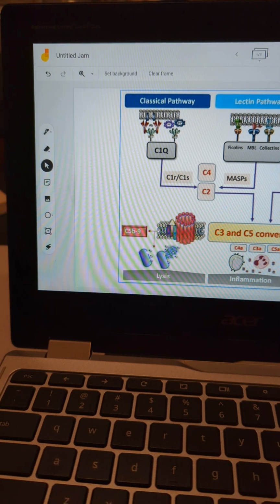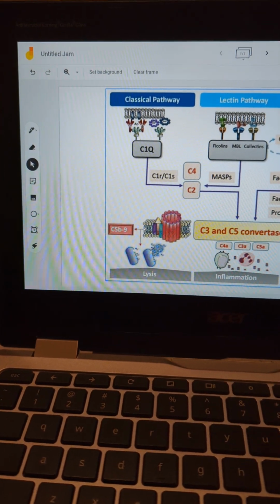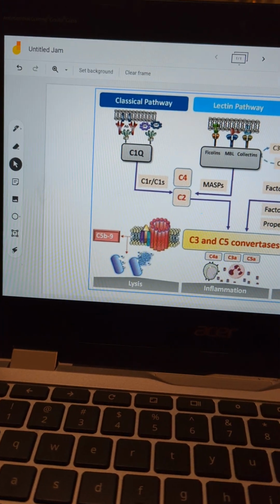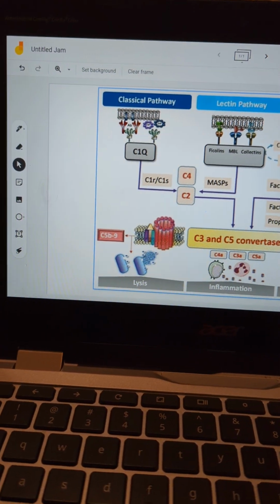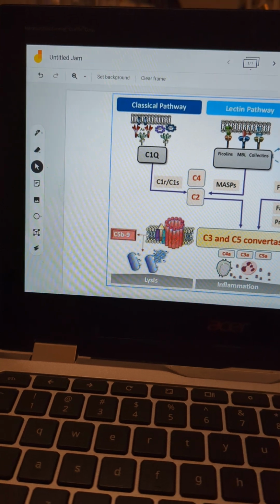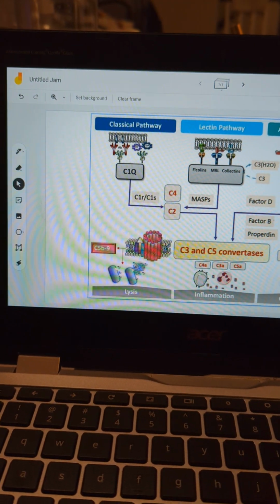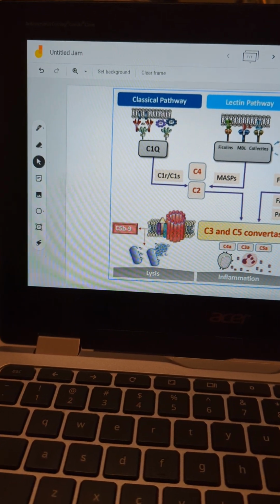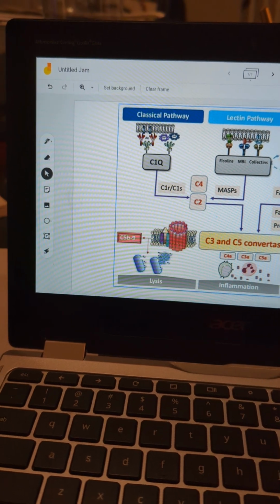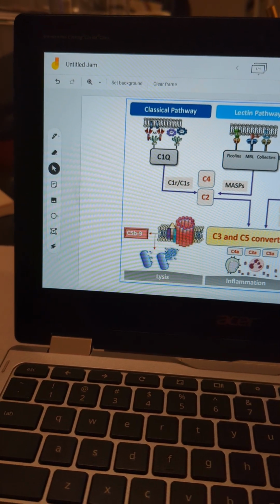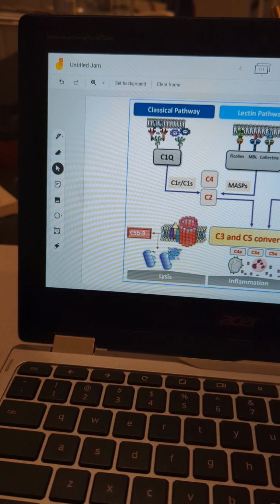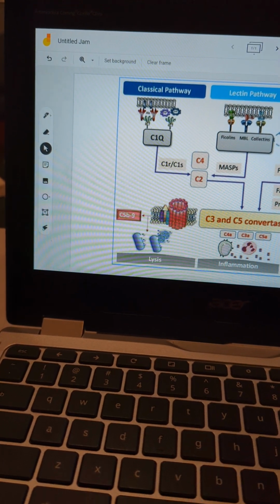In the classical pathway, it's a complex. It's C1q, they call it. C1q is made up of C1r and C1s. Now, when the antigen binds to the antibody, the C1 complex becomes activated.